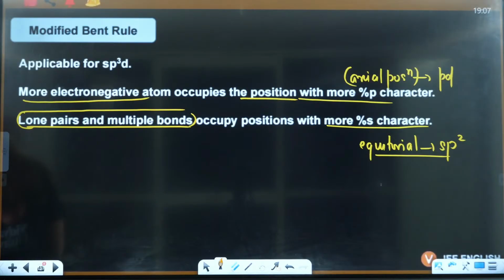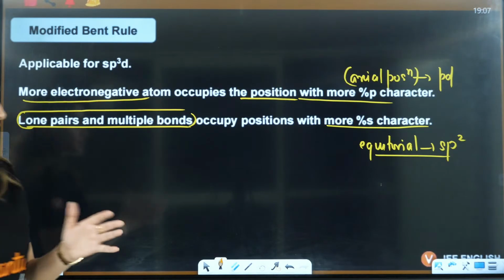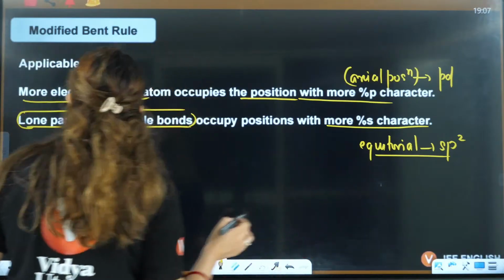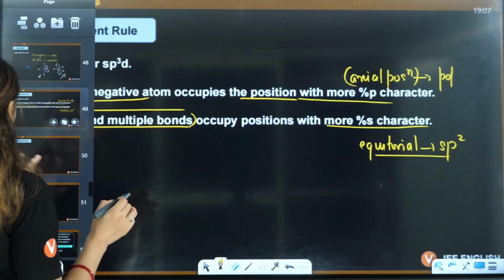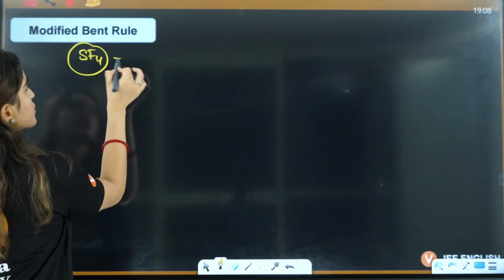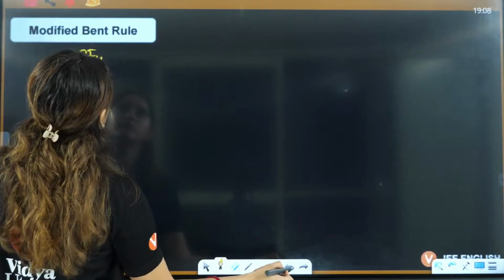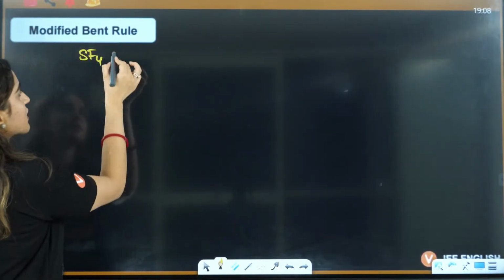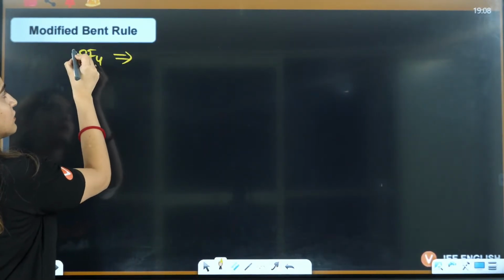Let me take out some examples here. I'll take out 2 examples so that we can go beyond this. Now let's take one example of SF4. If you see in SF4, there is one lone pair.